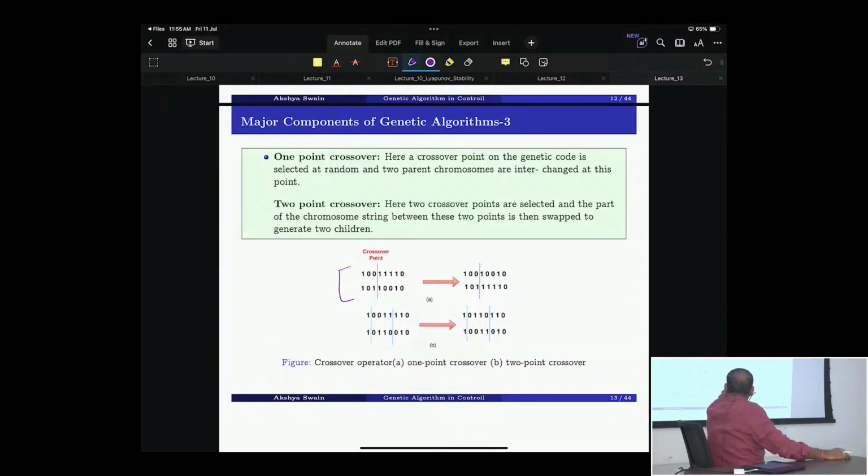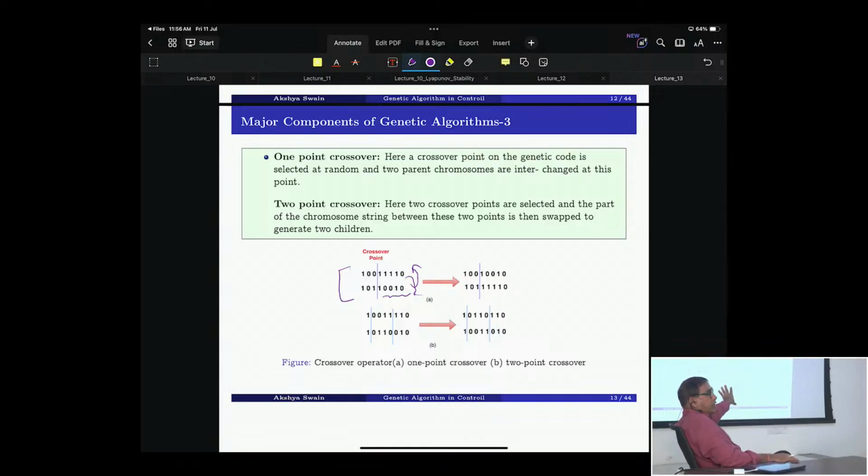In the first case, I will change this part into here and this part into here. You see here? The second generation is 100 10010. It went to the other side and that one came here. Got my point? Did you see the chromosome difference? A new set of solutions.